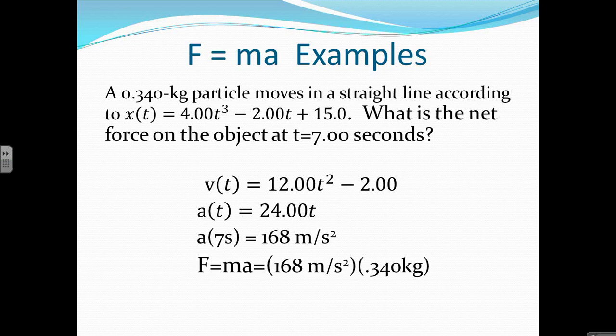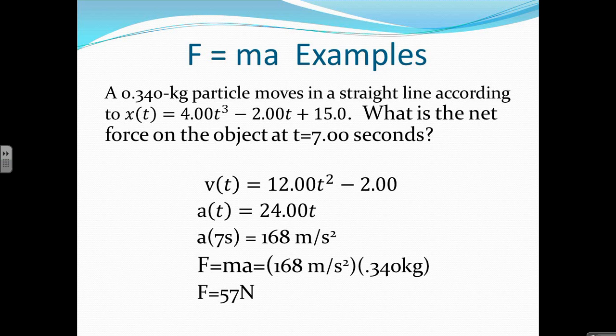Finally, we can say that the force being applied to it is equal to mass times acceleration. Our acceleration is 168 meters per second squared, and the mass is 0.34 kilograms. So 168 times 0.34 yields us a force of 57 newtons.